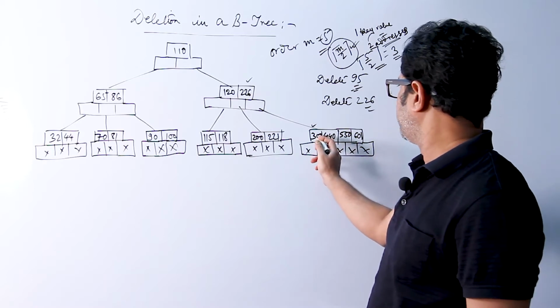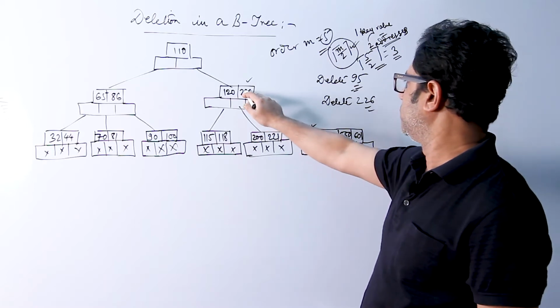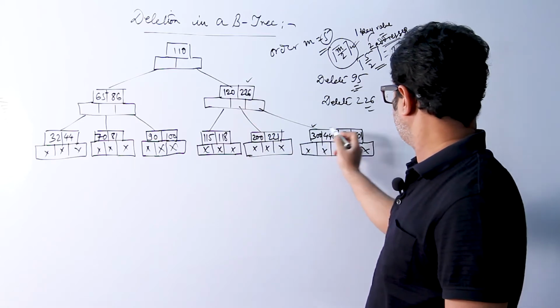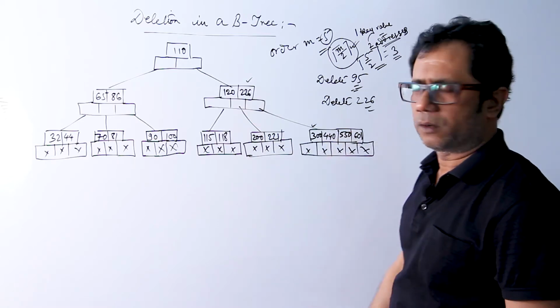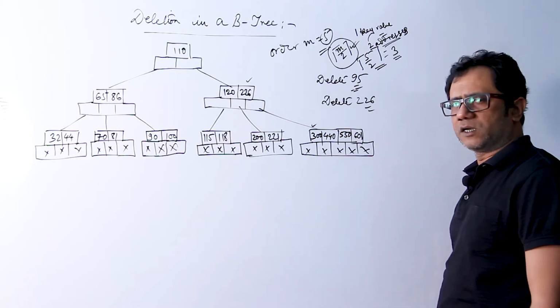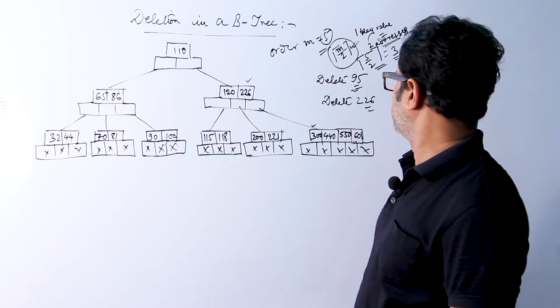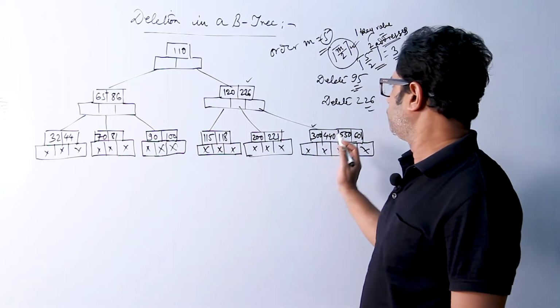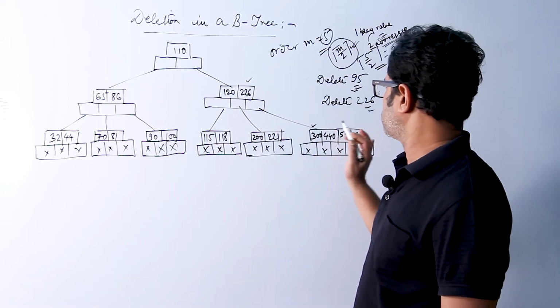So, we can easily take this 300 and accommodate it over here in the place of 226, and we will be left with 3 key values with 4 child nodes, and that is perfectly okay for a B tree of order 5.